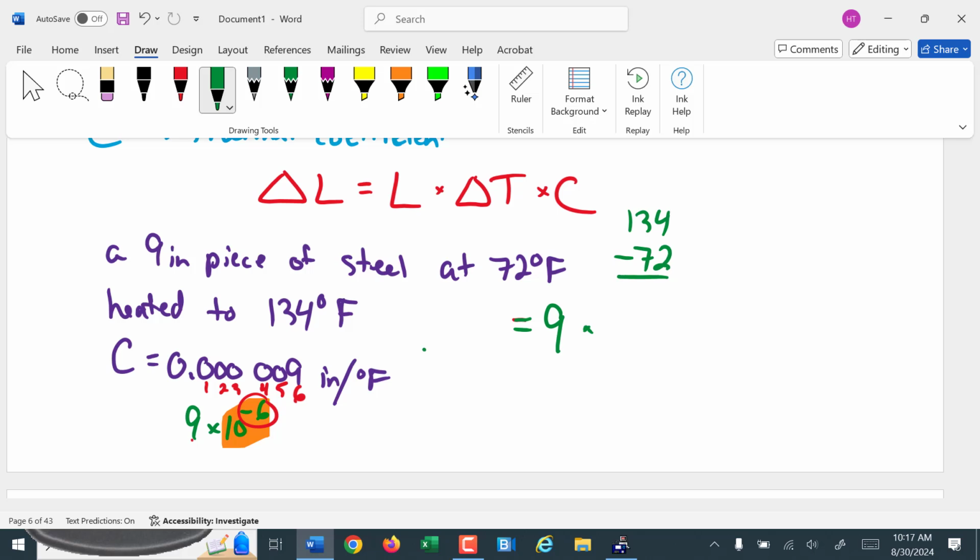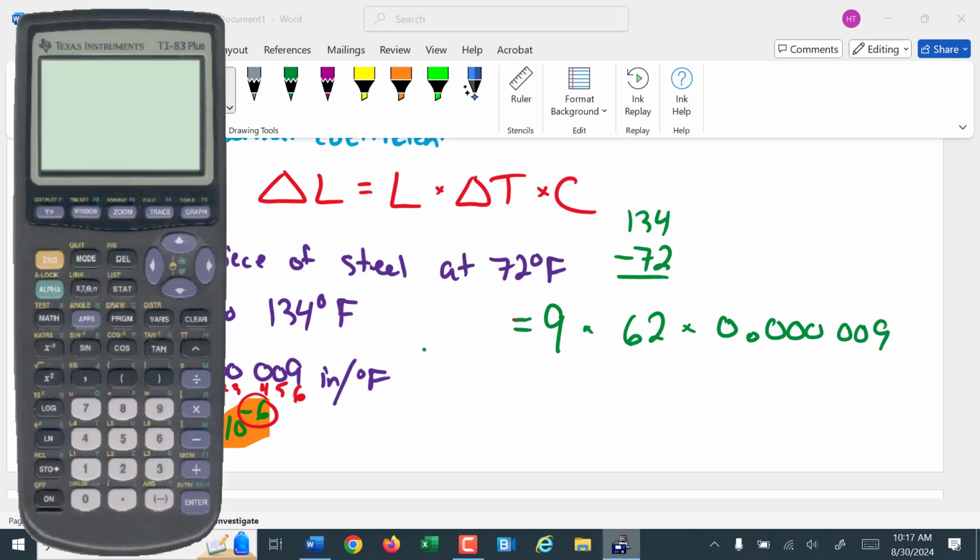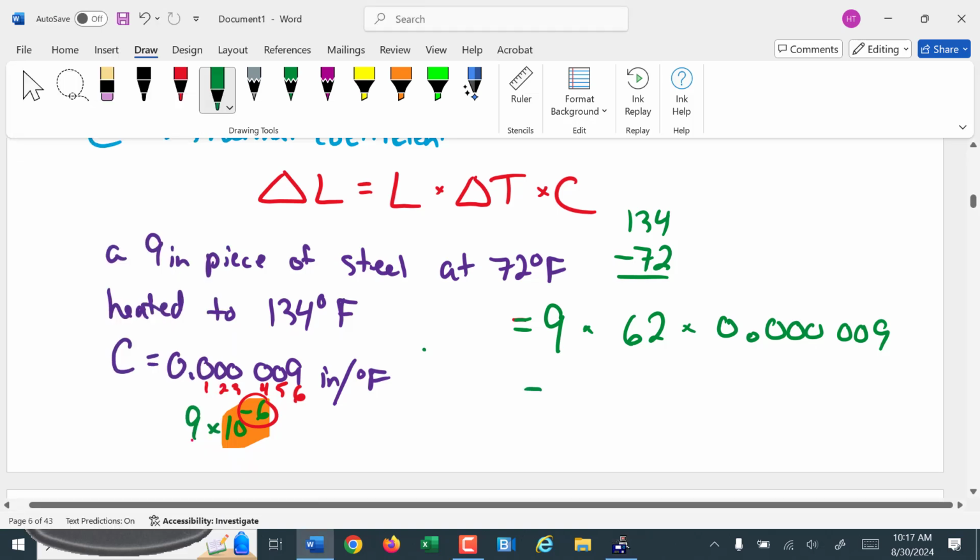So to find my delta length, I have my original length of 9 inches times my difference in temperature. Oh, sorry, 134 minus 72 is 62, times the 0.000009.